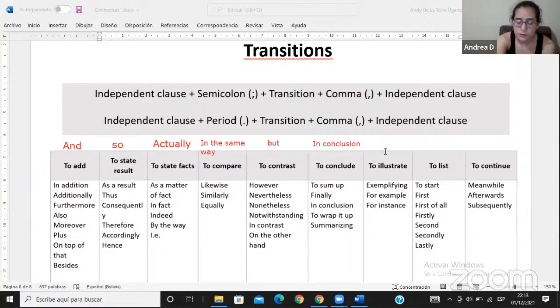I don't think there's another word for that. There are more actually. To illustrate itself, that's a transition. So to illustrate is the same as for example, for instance. You have more: exemplifying, illustrating, to illustrate.